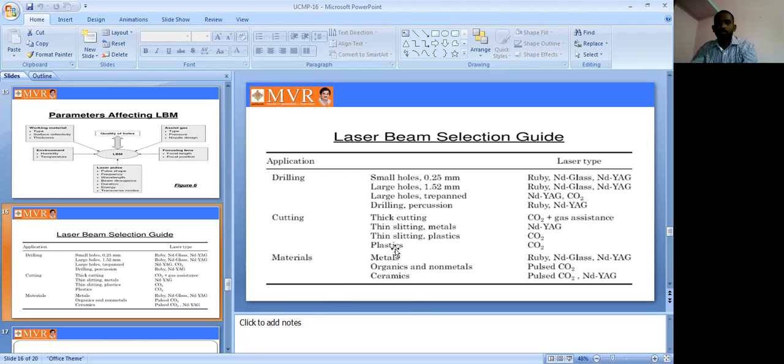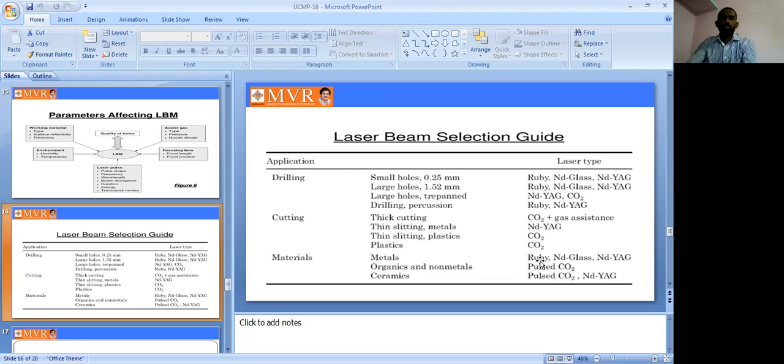In plastics also, you can choose CO2. So these are some of the laser types based on the cutting operation. CO2 plus gas assist for thick, Nd for thin. For thin slitting plastics and plastics, we can completely choose CO2.